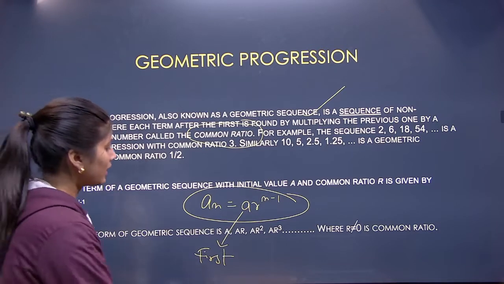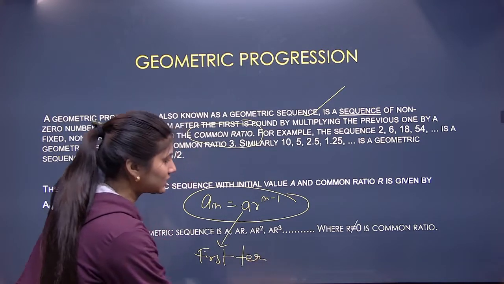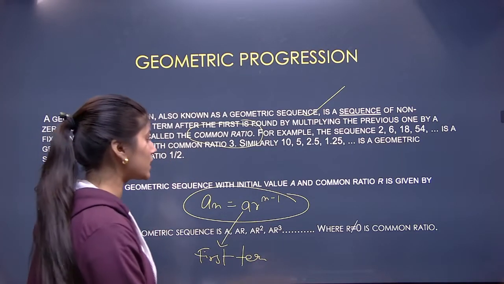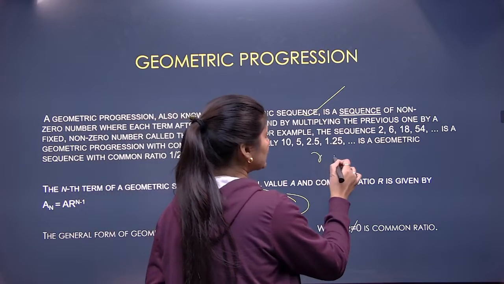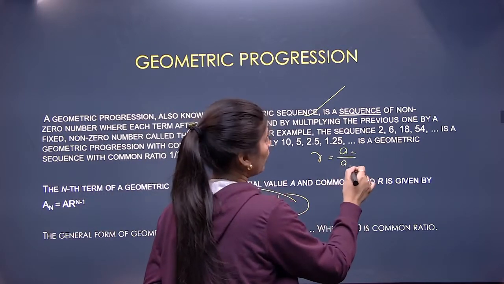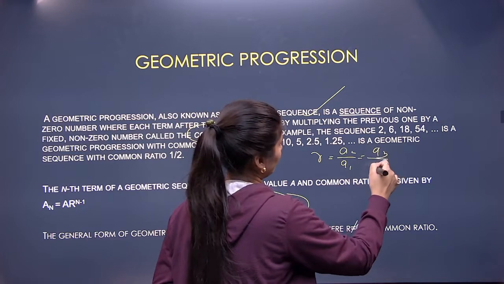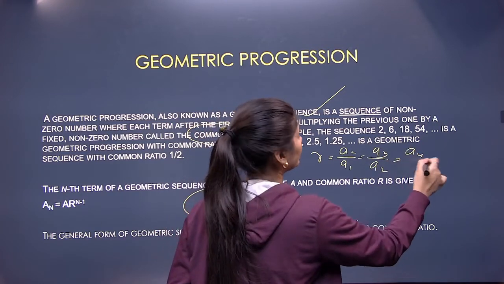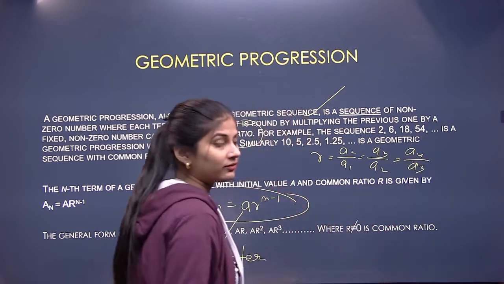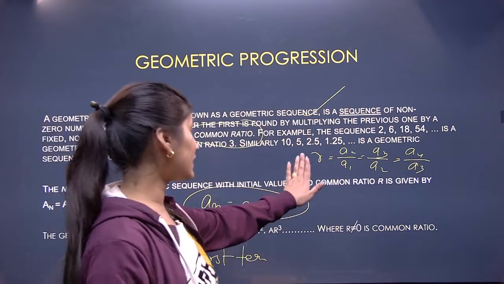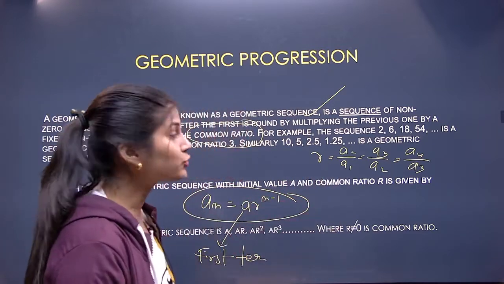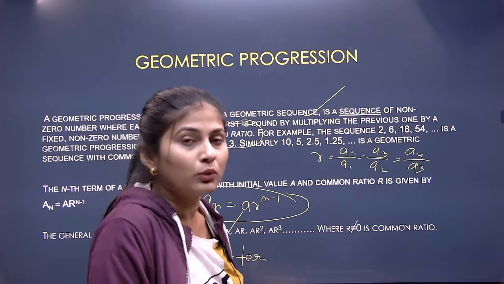What is r? r is nothing but the ratio of 2 consecutive terms. r is second by first, or third by second, or fourth by third, any 2 consecutive terms. So this r is the common ratio by which we multiply each term to get the next number.